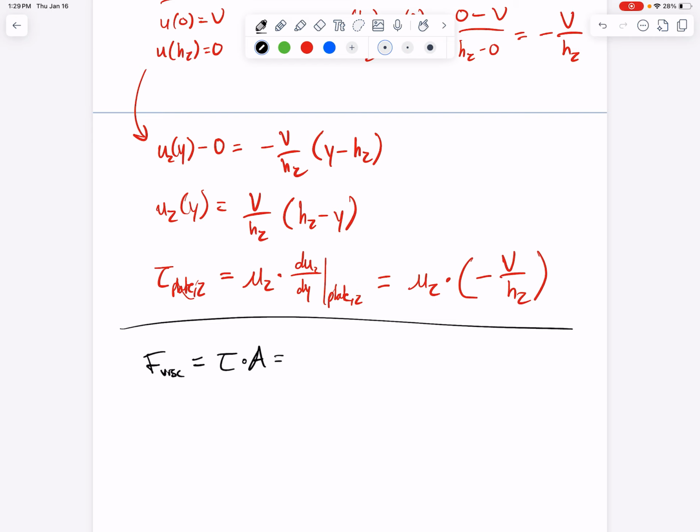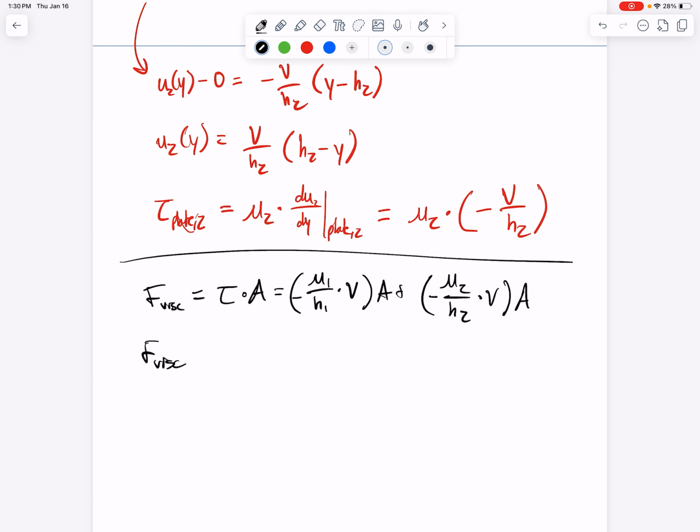The upper surface was mu1 over h1 times velocity times contact area, and I had my bottom surface, mu2 over h2, both negative by the way, times velocity times contact area. Therefore, the viscous force is equal to negative velocity times area multiplied by mu1 over h1 plus mu2 over h2. That's what we get.